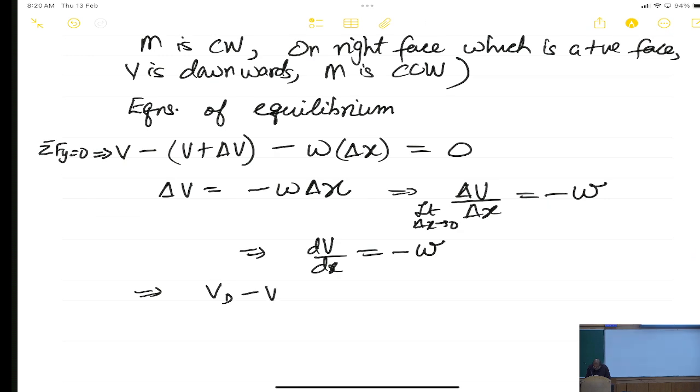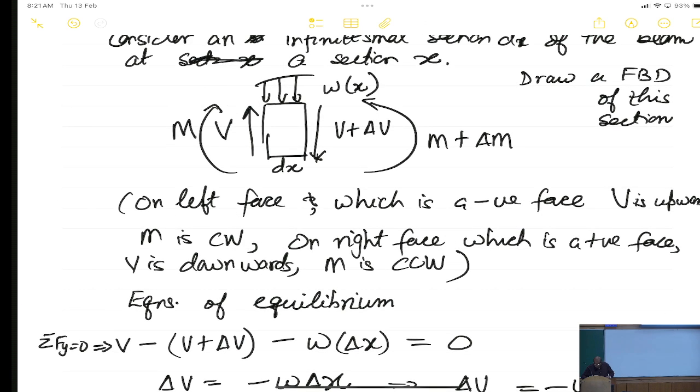W is the load acting on the top. Yeah, it is a variable load W. See, on this small part, it is W times delta x.